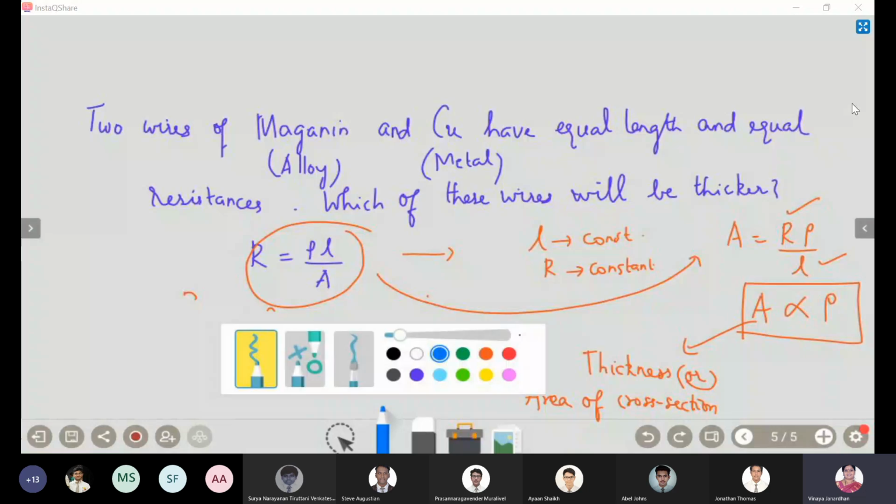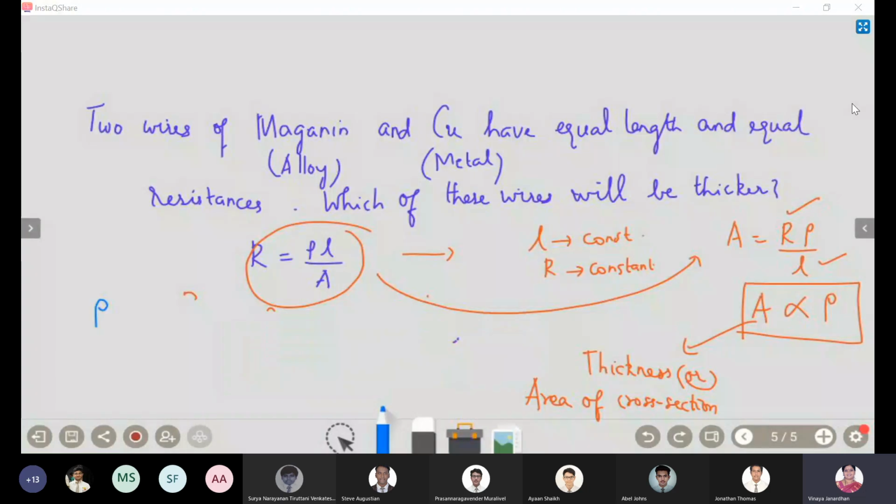Now what will you do, boys? Since rho of manganese, an alloy, is greater than that of a metal, your manganese wire will be thicker. The thickness will be greater than that of your copper.